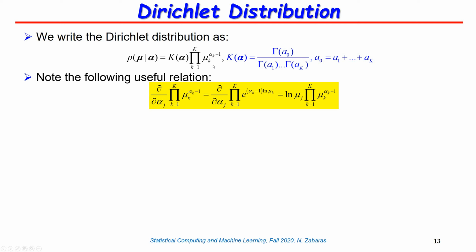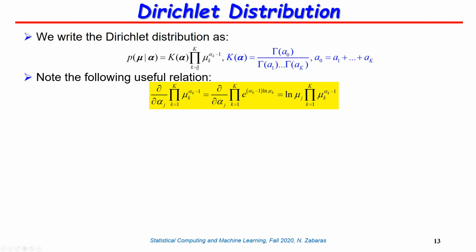To do that, let me introduce this equation that you see here in yellow, and I will explain what that equation is, because I'm going to use it in a derivation to come. So what is this? It is the derivative with respect to alpha j of this product term. I'm not taking derivatives of the normalization constant yet, all right?